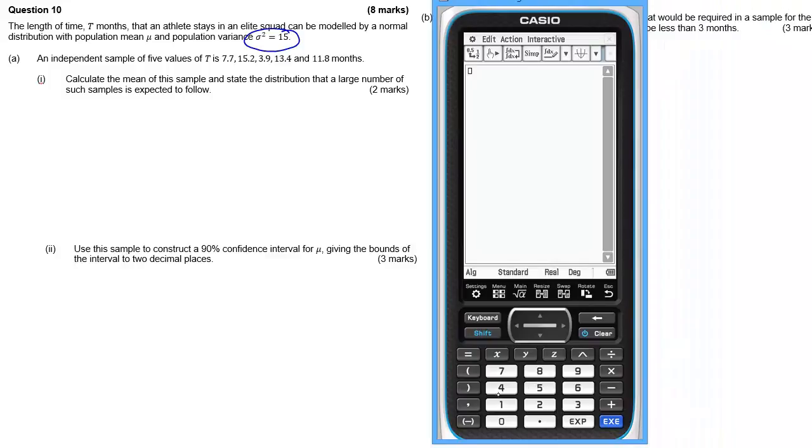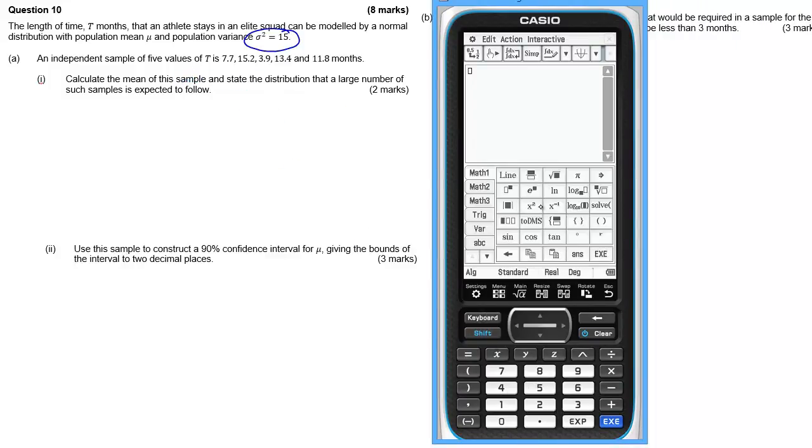So we want the mean, so there's 5 values here. Just be careful with this because it's so easy to do this correctly, but also just miss one value or mistype one value and you're losing an easy mark.